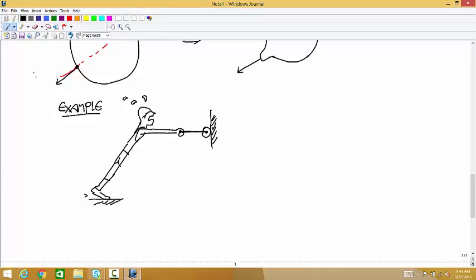This is a friction contact because he has such good tennis shoes. This is a roller. The person has a mass of 80 kilograms. And I'm going to give you the center of mass of the system, which doesn't have to be on the body.